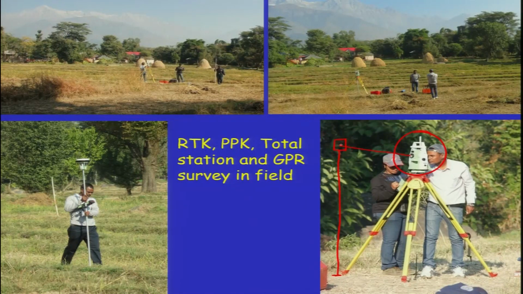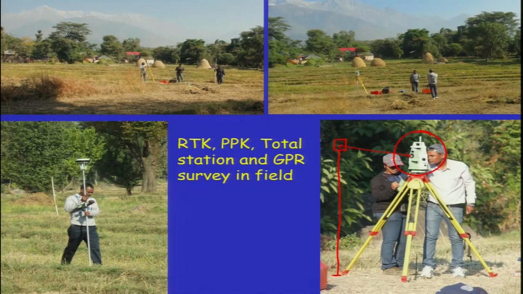So with the line of sight, you can easily map the area, putting the pole at different locations of your interest, as has been shown here. So you have the total station here, and this person will keep moving and try to map the topography, or try to map the landforms here.